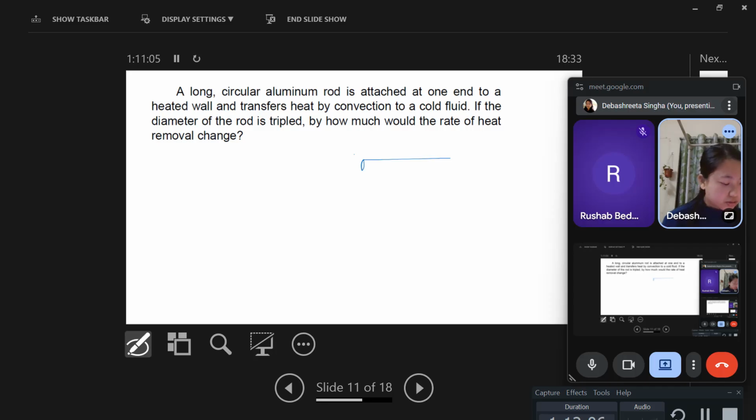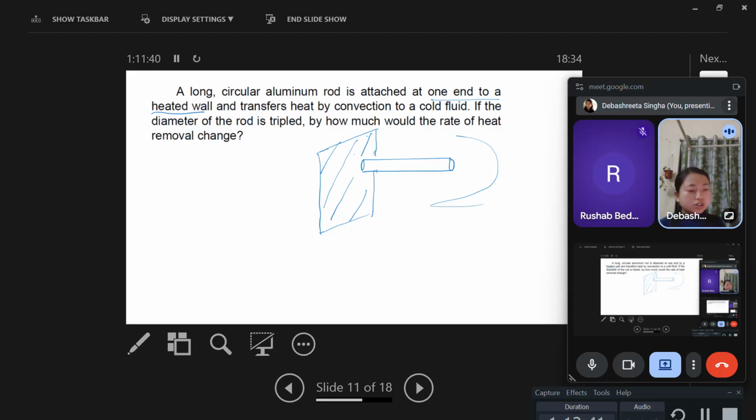They have given the rod is attached at one end to a heated wall, so this is the heated wall. It is again a case of fin. It transfers heat by convection to a cold fluid, so outside is the cold fluid.